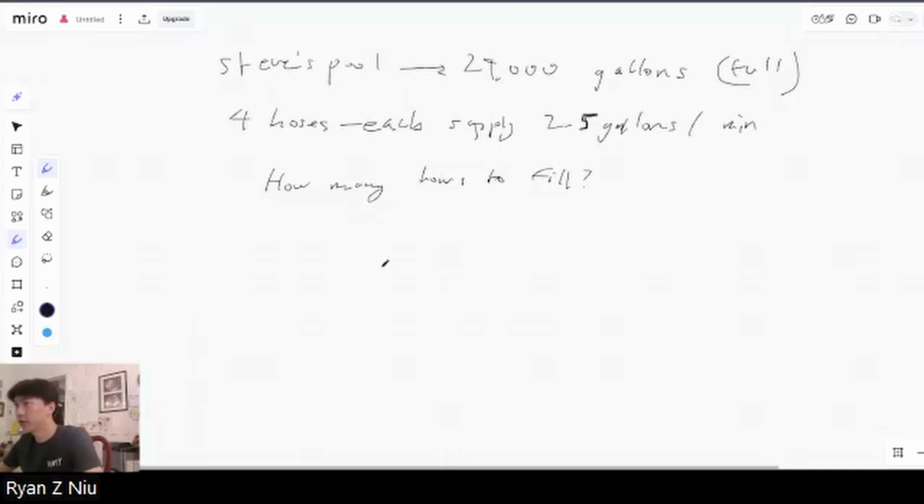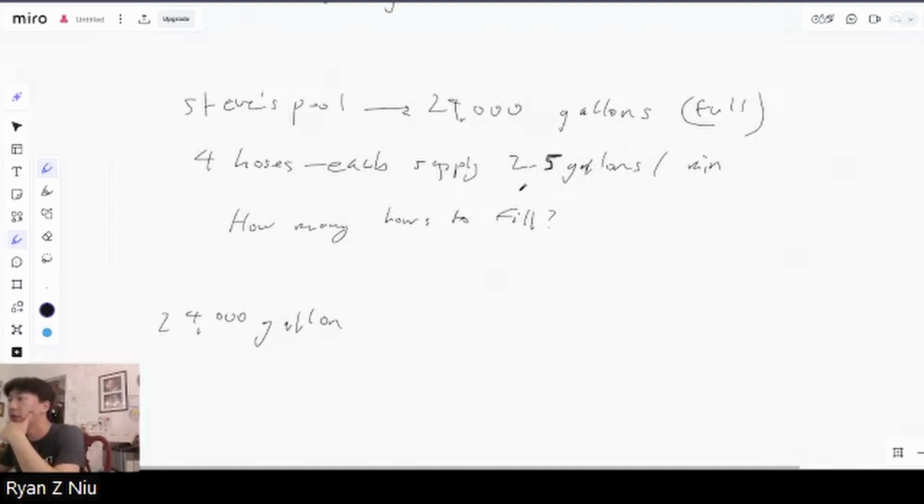Okay, it's been a few minutes, so I will just go over this quickly. If we're thinking about unit conversions, we want to think about what we're given. So we're going to start with 24,000 gallons. And then we have a rate, so we're going to multiply by this rate.